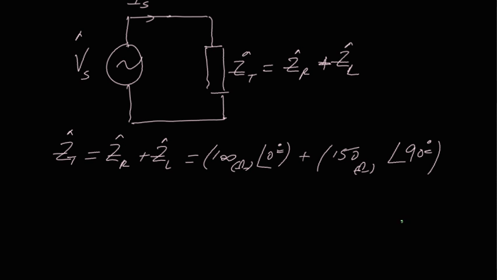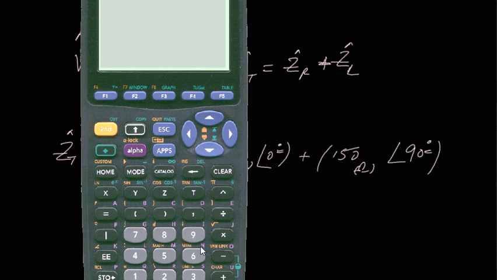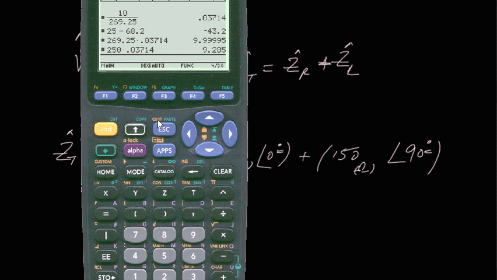Now, there is no easy way to do this, so what I'll have to do is just switch on my trusted calculator and plug in the numbers. So the first one is 100 with an angle of 0. By the way, when you have 100 and an angle of 0, you can simply put 100 plus the other one, 150 with an angle of 90.